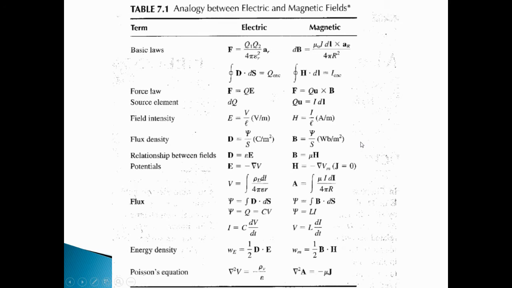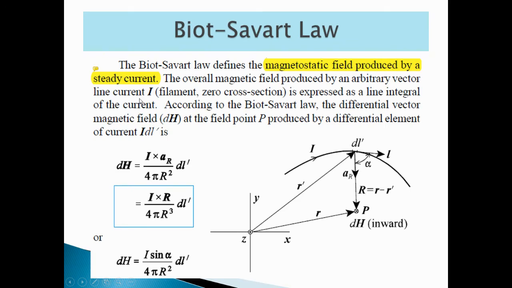So we directly go to the Biot-Savart law. What I told you already is that it says a magnetostatic field is produced by a steady current. Let's say this is the wire where the current is moving through, and the current doesn't change its path. At P it will feel some magnetic field, which we call dH.